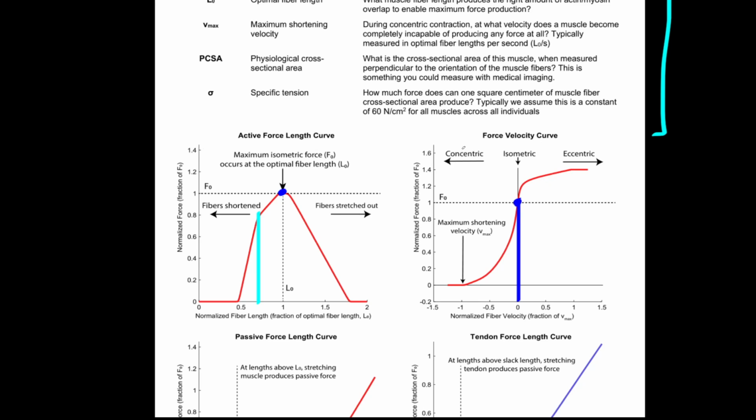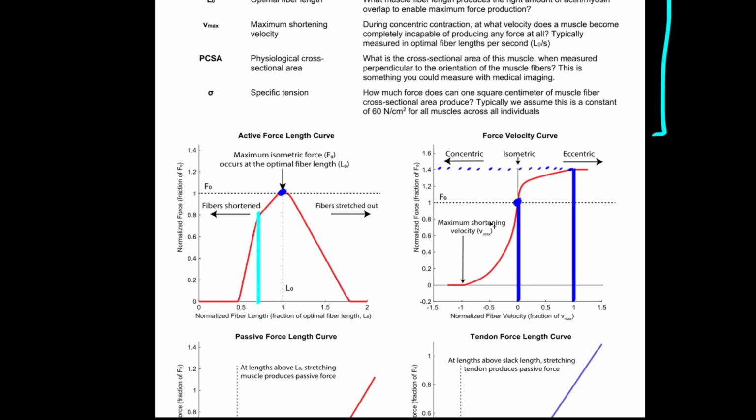So using our previous example of a muscle whose maximum isometric force was 100 pounds, if you are at an eccentric contraction right here, it looks like you'd actually be able to produce 140 pounds, 1.4 times 100, at this fiber velocity.